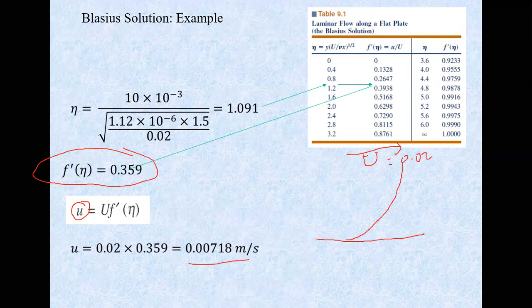Is it meter per second or is it feet per second? And you have over here somewhere where y equals 10 millimeters, the velocity component is very small, 0.0718.